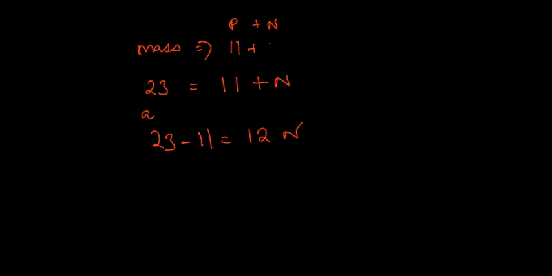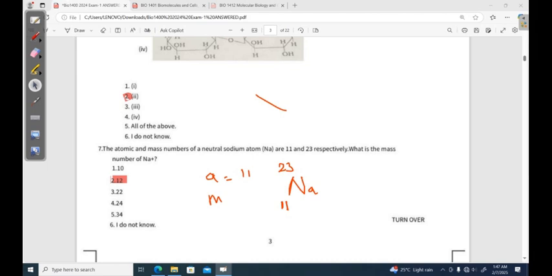So we go back to our question. Here they wanted the mass number, and they said if it's neutral, what does this mean? When they say sodium plus, it means there's obviously an extra electron on this.